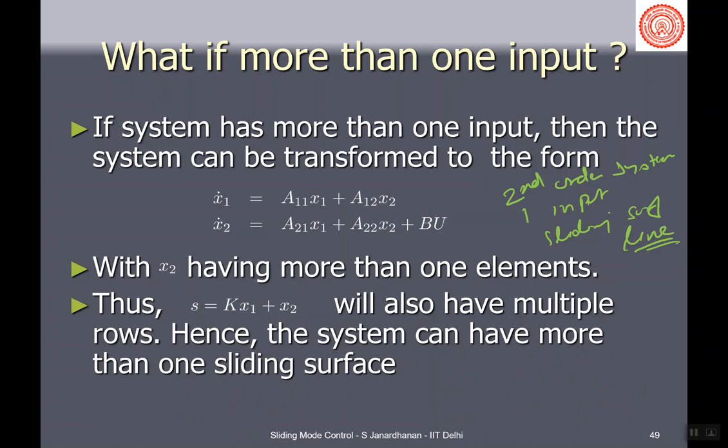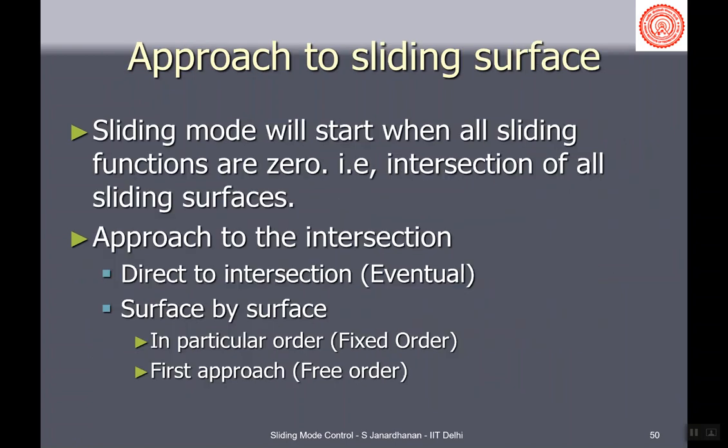So in a multi-input system you have more than one surface, and ideally what you want is to go to the intersection of both of these surfaces. The way you proceed to the intersection can be that you directly go to that intersection, or you go to one surface and then travel along that surface to the intersection.